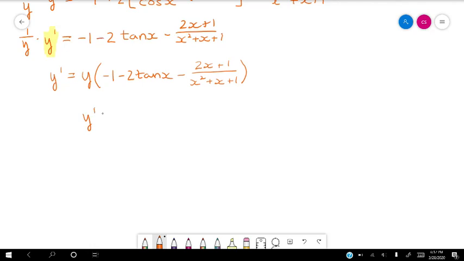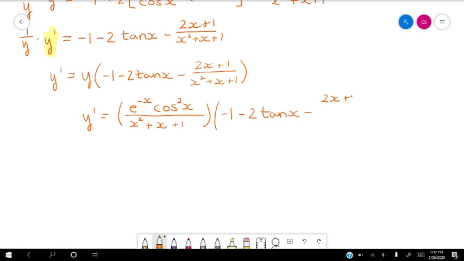So then y prime is equal to y, which was originally defined to be this, times this. All right, and then that is your solution.